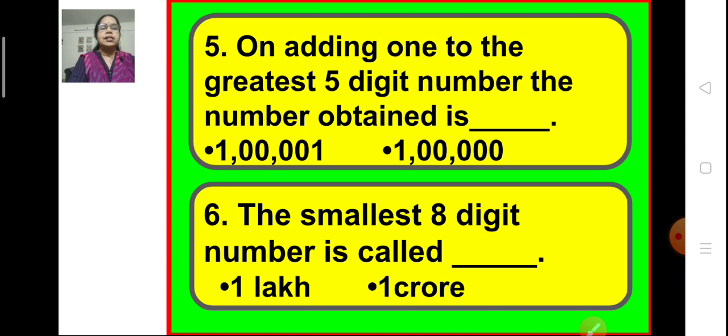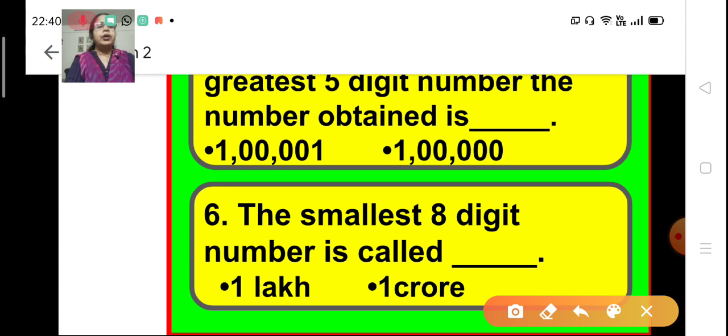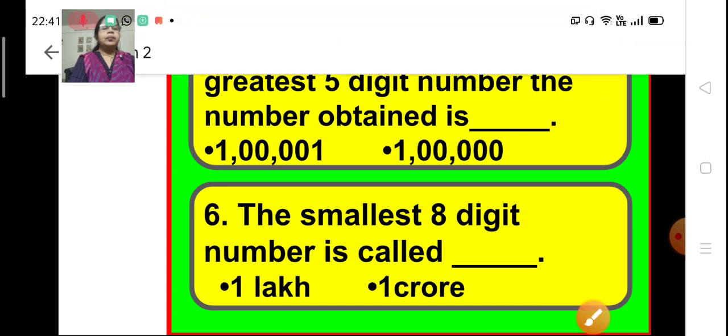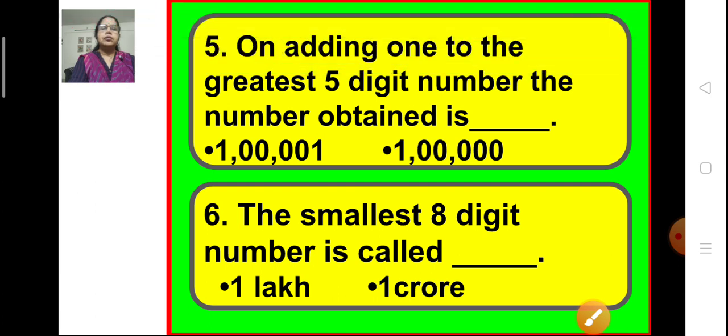We have revised this. I'll tell you what is the greatest 5-digit number. The greatest 5-digit number will be 99,999. So if you add 1 to it, what is the number that you are going to get? Please tick the right option.